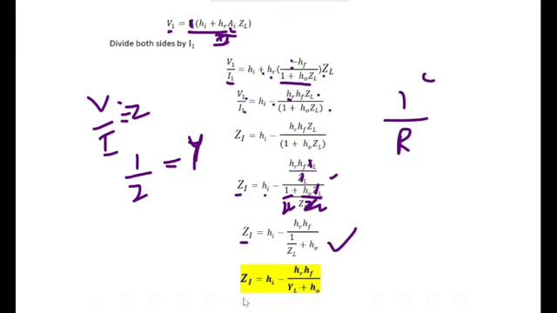So the finalized equation is ZI is equal to HI minus HR HF by YL plus HO. This is the input impedance of a circuit in H parameters. And in the next session we will discuss voltage gain and output impedance.